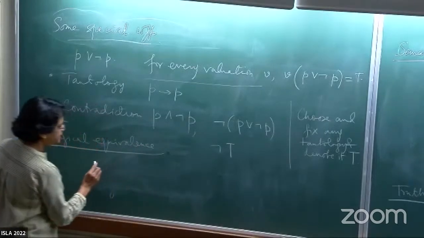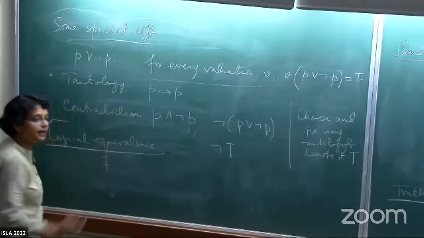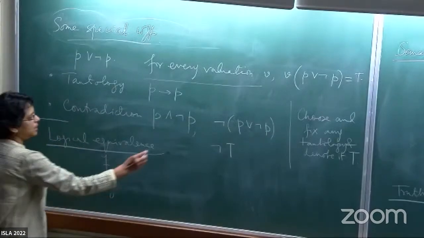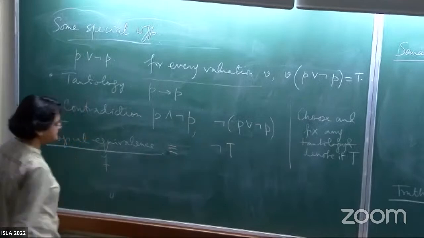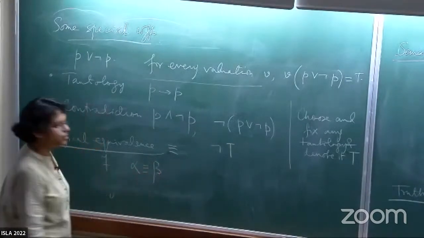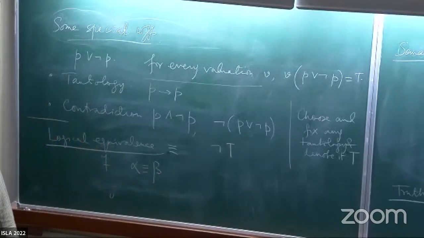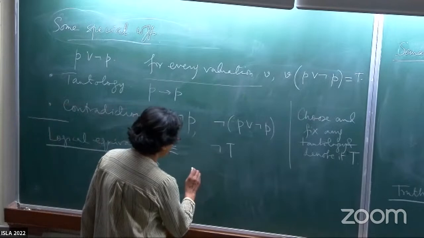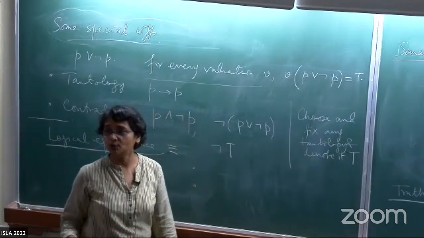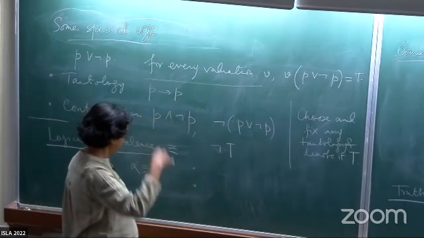So this is a binary relation on the set of formulae. All right. So this is denoted by this triple bar. And so when do I say that two formulae are logically equivalent to each other? There are a few ways of describing it, but all of course equivalent at the meta level.